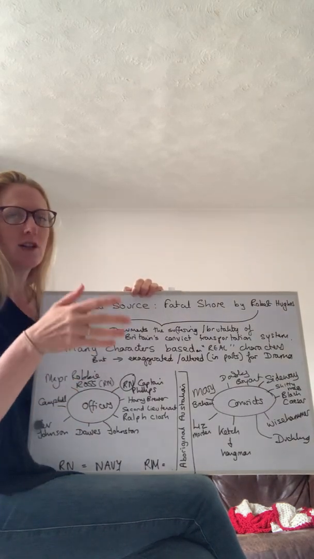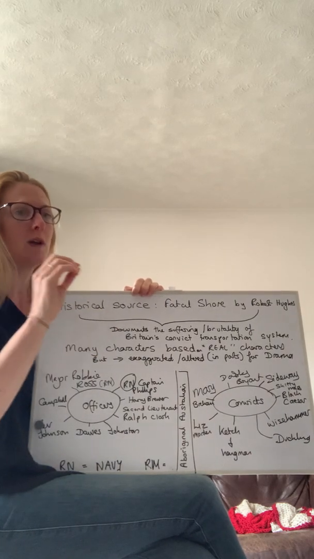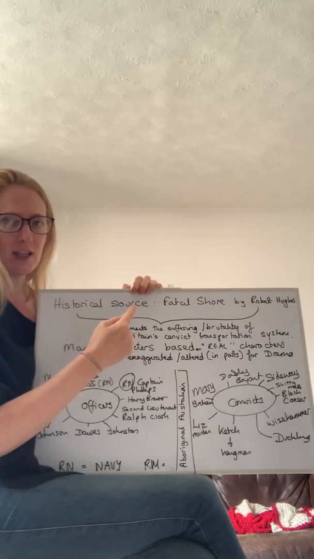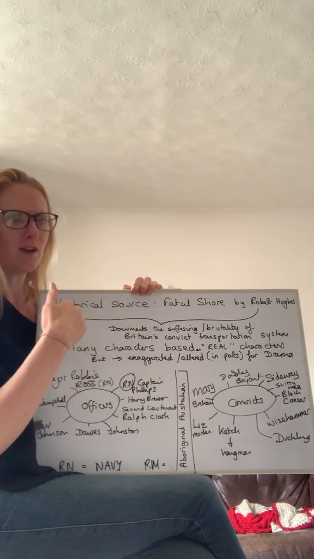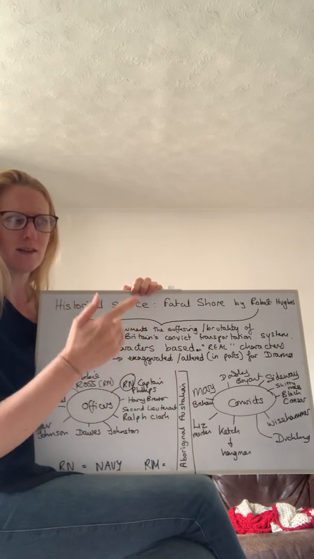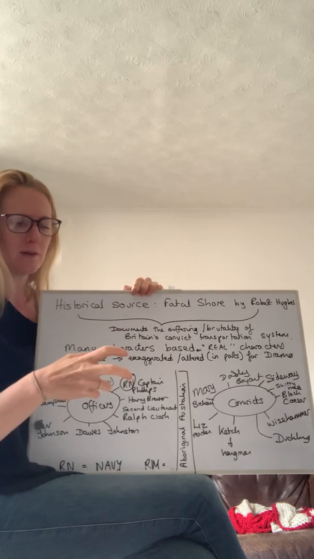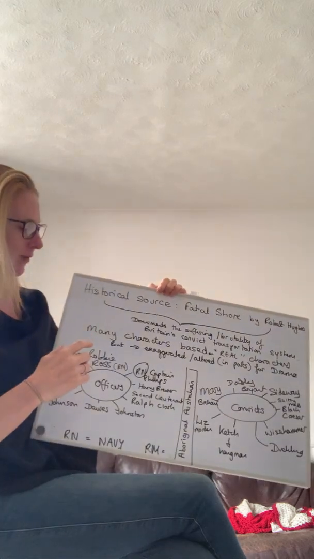If you were to go back to the original source, you might find that 2 characters that actually existed in the First Fleet transported to Botany Bay are 1 character in the play. So there's been some adaptation, but some of them are very, very accurate to the people.